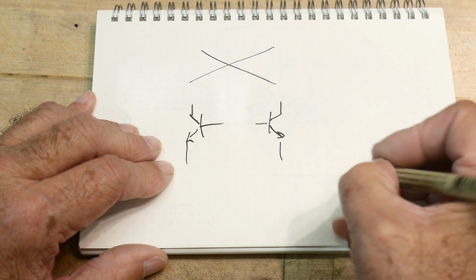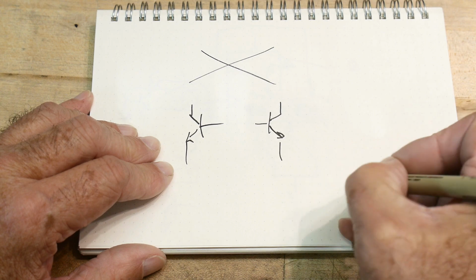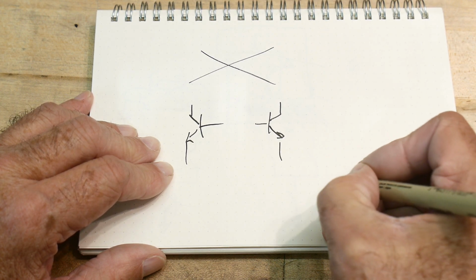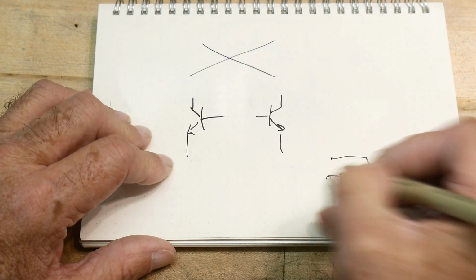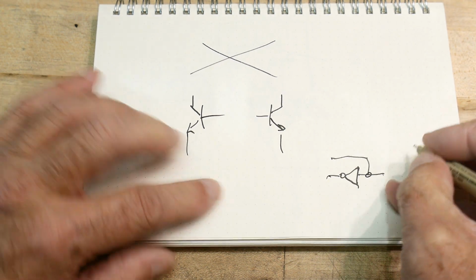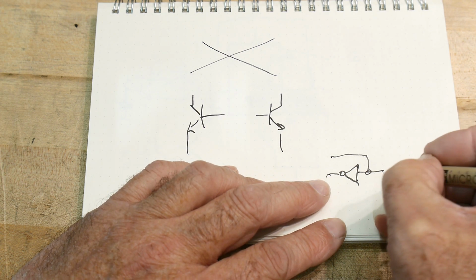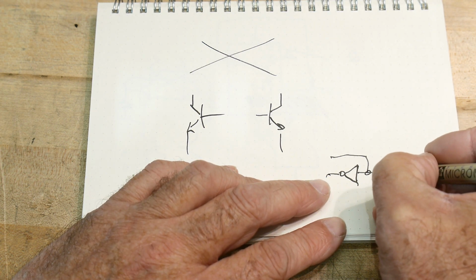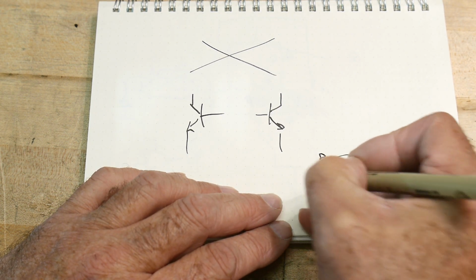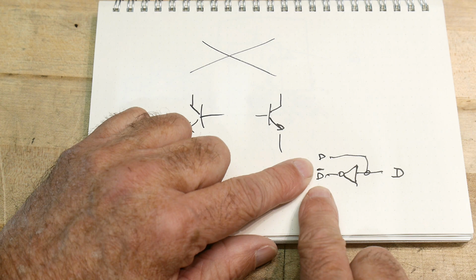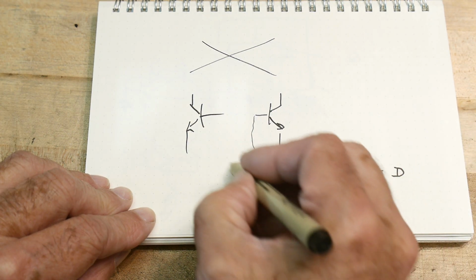So let's say we have something come in over here, and we run it through an inverter, okay? And we have this. So let's say we'll call it D. So this is going to be D, and this is going to be not D, okay? D and not D. And we're going to bring this one around, tie it here. We're going to bring this around, we're going to tie it here.